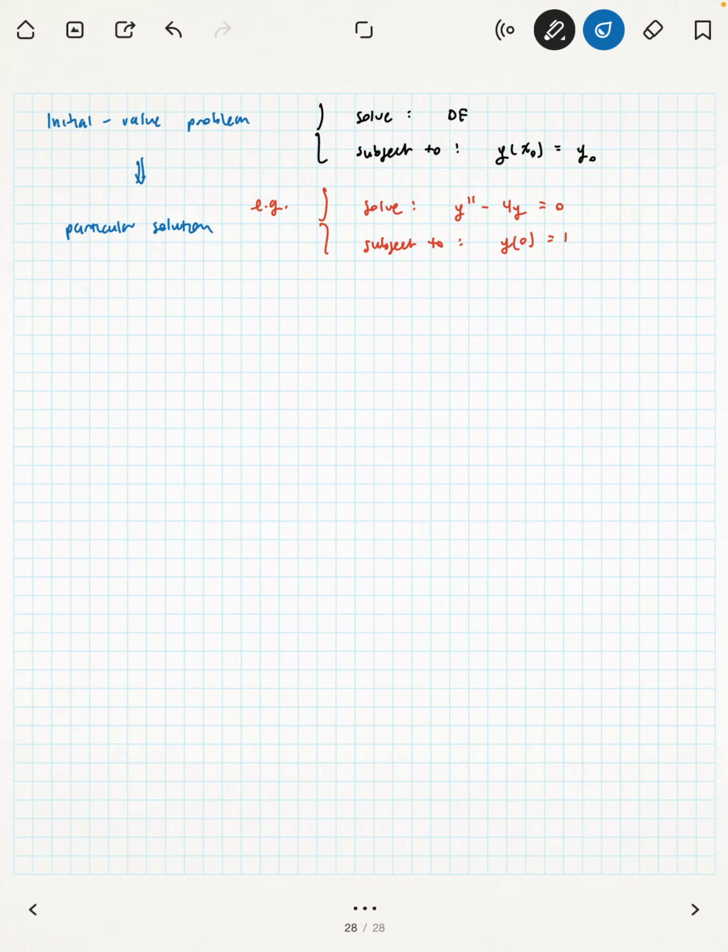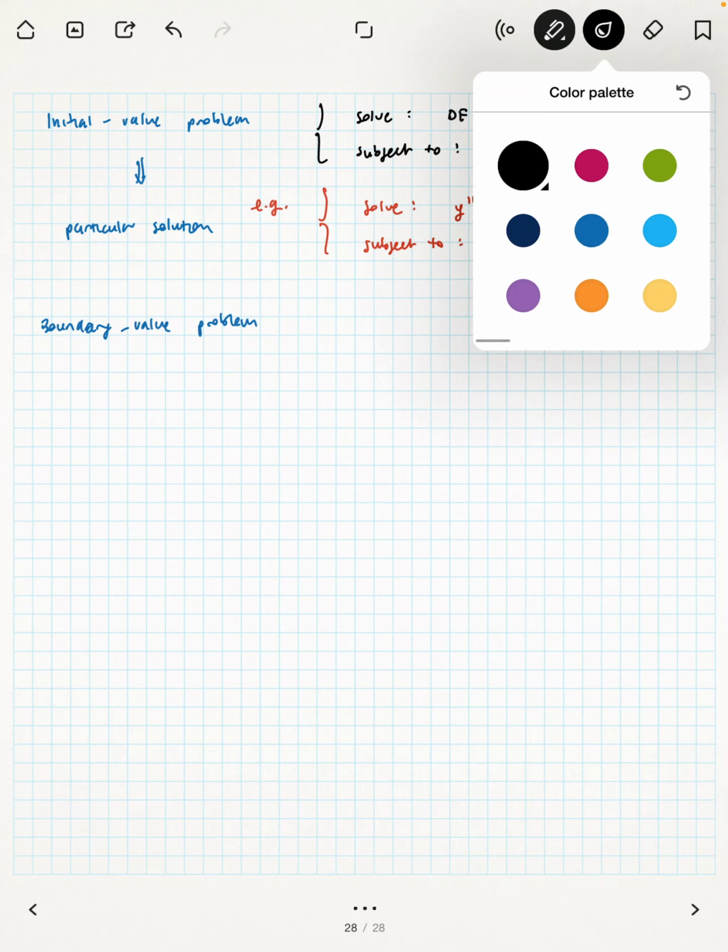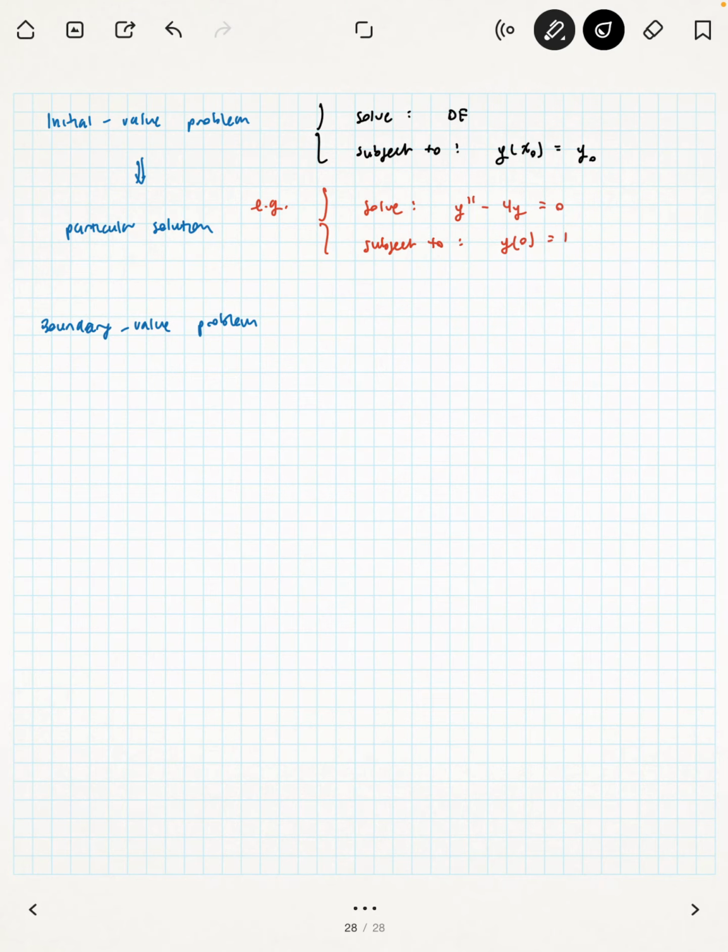Another kind of problem that we might have is what we call a boundary value problem. Boundary value problems in this context are actually not too complicated, but if you take a higher math class that begins to talk about partial differential equations, this actually gets very complicated very quickly.